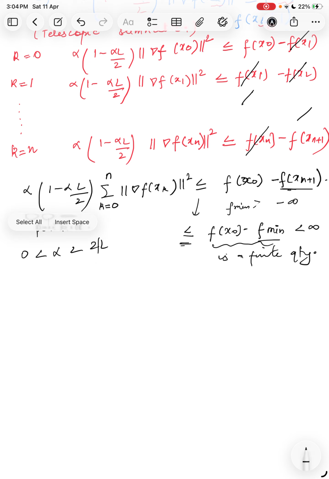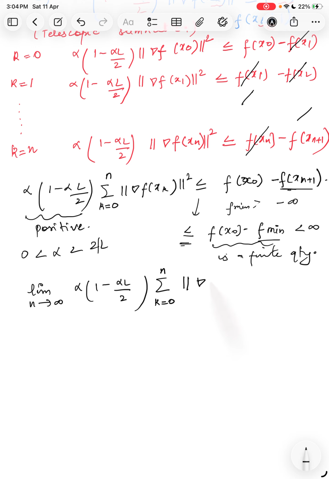Okay. So what we can do is, we can write limit n goes to infinity alpha 1 minus alpha L by 2 times summation k goes from 0 to n norm of del f of xk whole square.